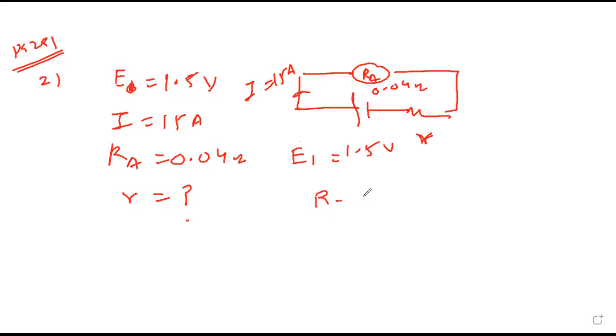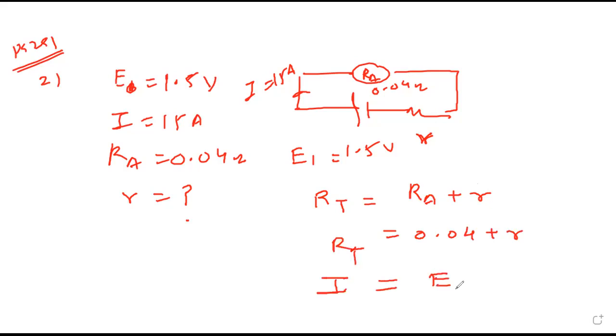Total resistance of the circuit will be ammeter resistance plus internal resistance. They are in series, so 0.04 plus R is the total resistance. Total current is total voltage upon total resistance by Ohm's law.